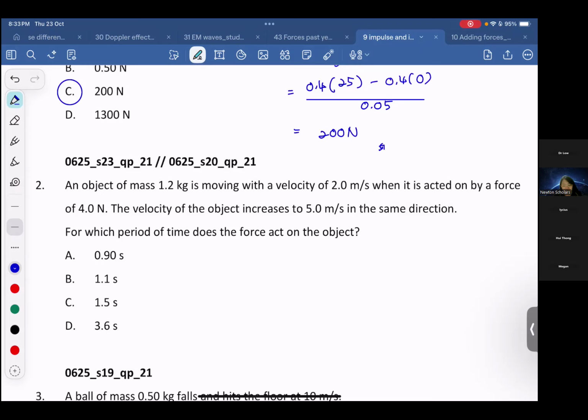Hui Tong, no. Try again. Yeah, correct. My bad. Hui Tong, correct. Hui Tong, you can try question number 3. How about others? Question number 2.